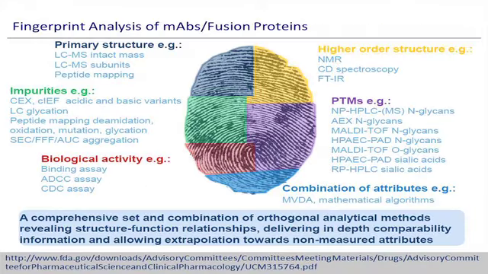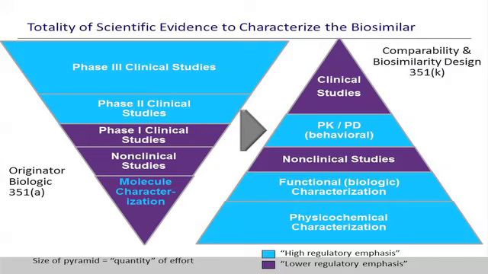This is the type of fingerprint analysis of structure and ultimately function of monoclonals that we do. And you can see that it's extremely extensive, and you have it in your handout so you can look at it later. So essentially what we're looking at is when we look at an originator biologic under the new pathway of 351A, you can see there's characterization, non-clinical studies, phase 1, phase 2, and phase 3 makes up the biggest portion of development.